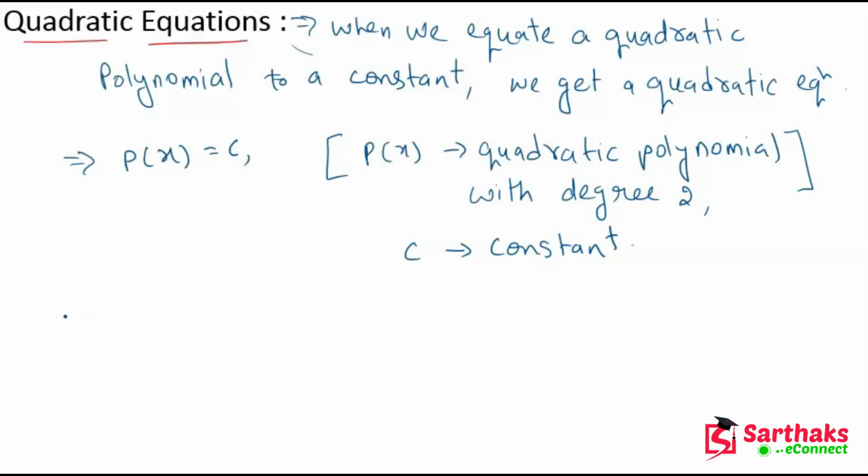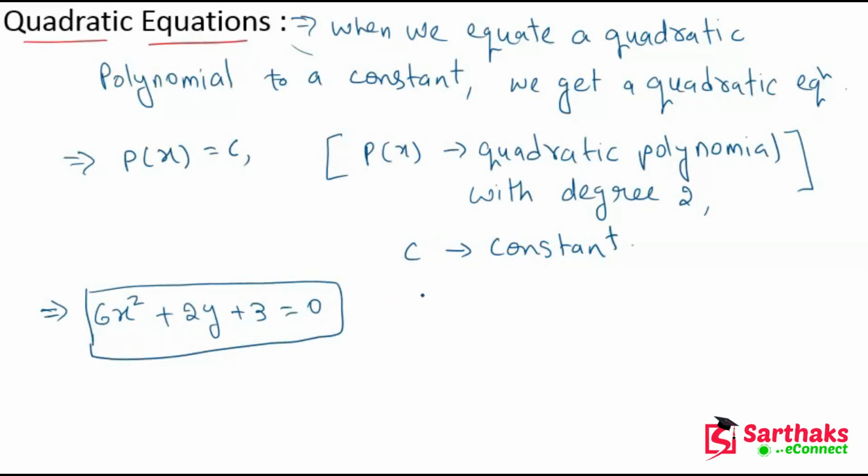Let's take an example. Suppose we have 6x square plus 2y plus 3 is equal to 0. This is our quadratic equation. I hope you get this point.